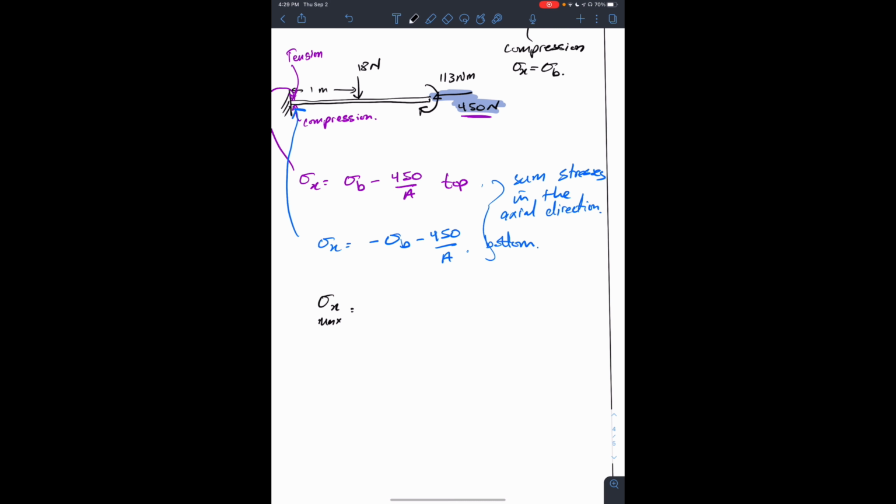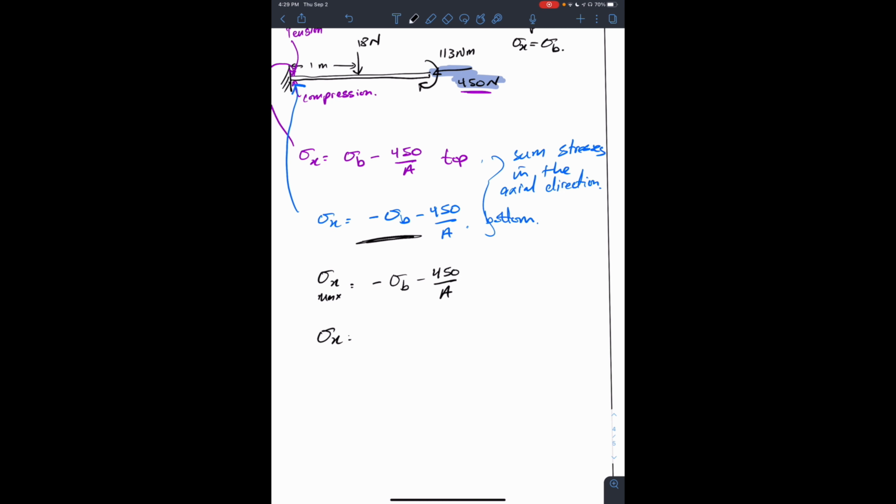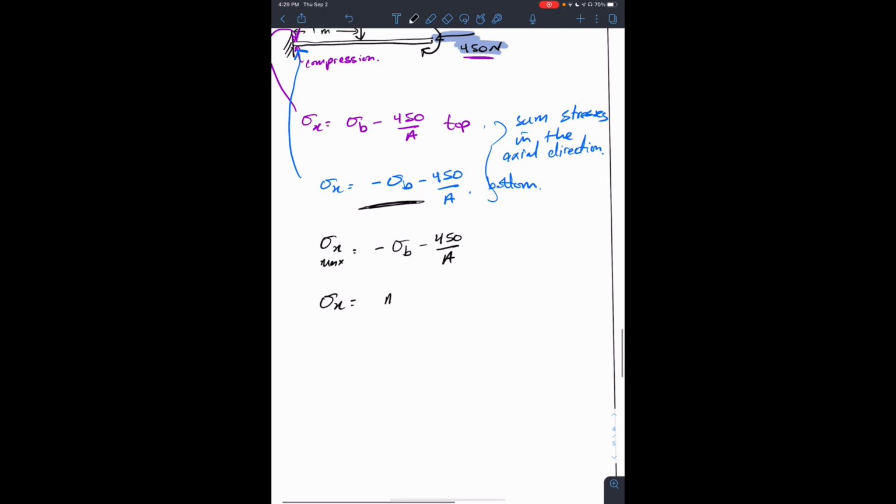The maximum value would be this actual value here. So our sigma x that we will use in our calculation for tau max would be M max y on I minus 450 over A. So this would be our sigma x.